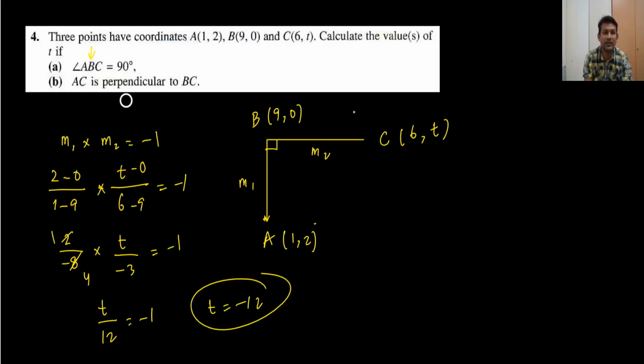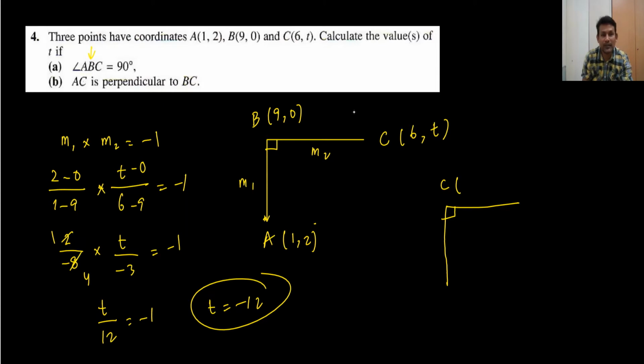Second part: AC is perpendicular to BC. AC perpendicular to BC means this is the condition, because C is here with 90 degrees.